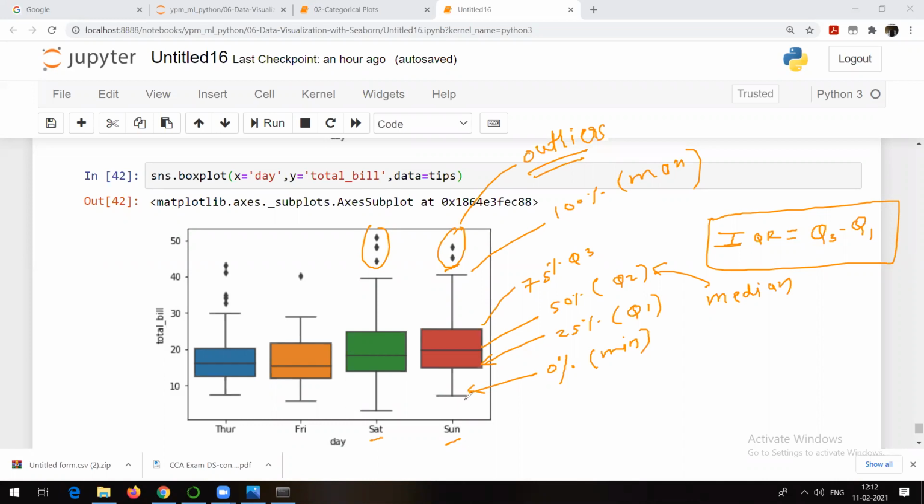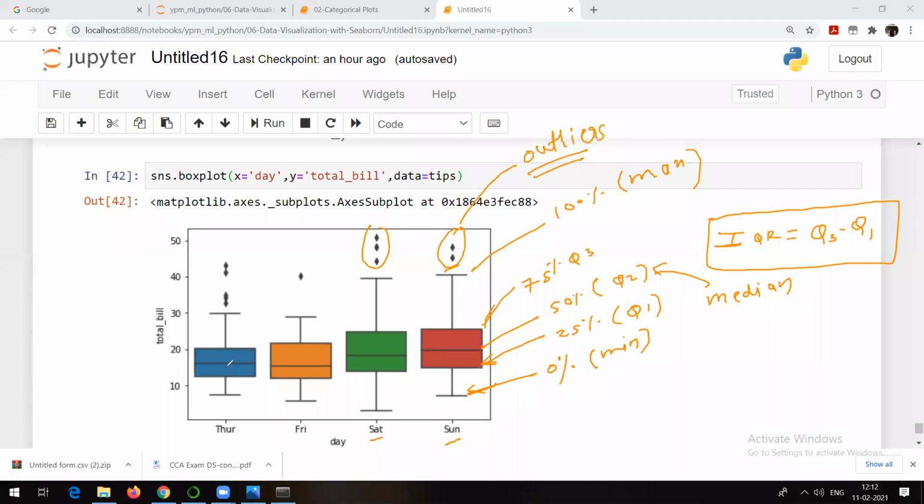I want you to understand the meaning of all these things. If I say the 25 percentile of total bill on Sunday is $20, we have already discussed this, and I hope everyone understands this meaning. If someone has any doubt, you can ask me.